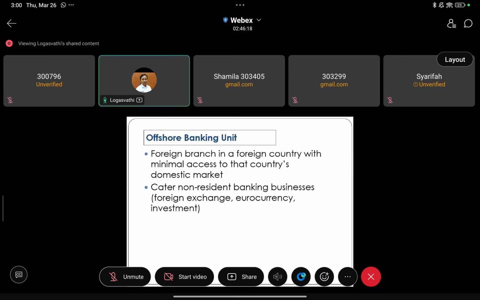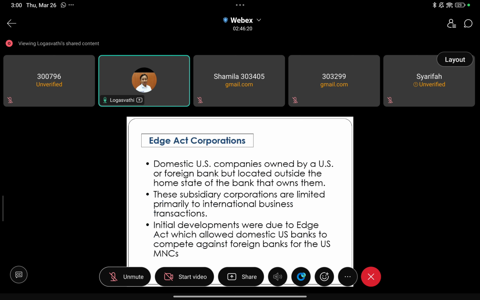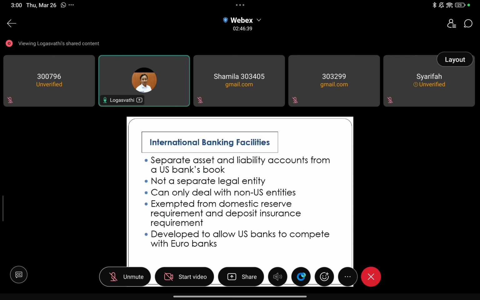Edge Act Corporation. The Edge Act Corporation only exists in the US, not in other countries. It is a subsidiary of a US bank, located in the US, that engages in all aspects of international banking. And the last one is the international banking facilities, which are also for the US banking system only.